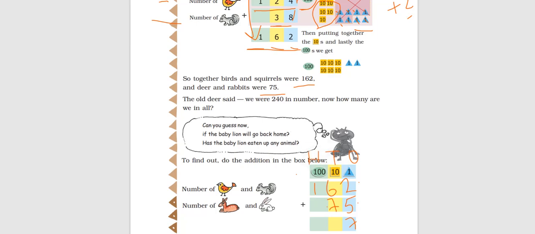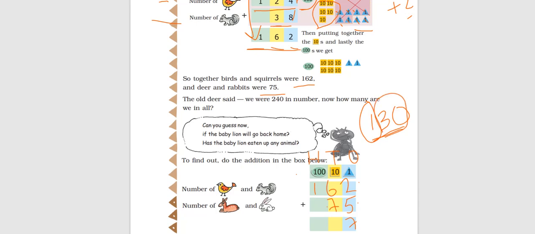Now let's add the tens. You have 6 tens and 7 tens. That is a total of 13 tens. 13 tens is 130. So how do we write 130? We got 13 tens, which is basically 100 and 3 tens.